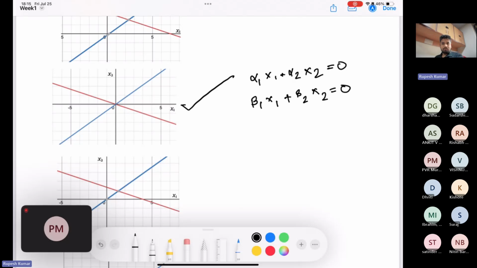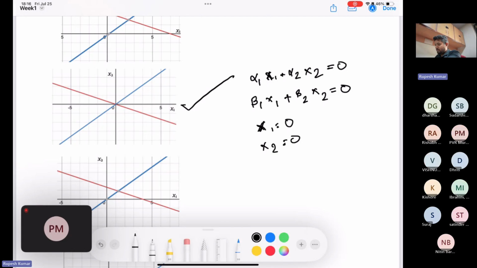So for these systems of equations, you can always say that the solutions are x1 equals 0, x2 equals 0. So this trivial solution always satisfies these systems of equations. So that's why these kinds of equations are known as homogeneous systems of equations. Fine, everyone? Yeah.